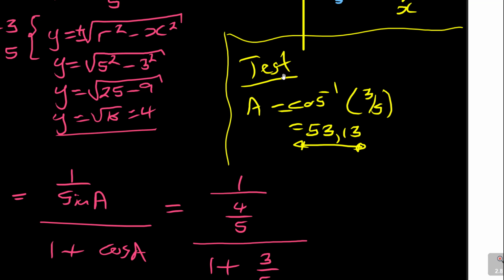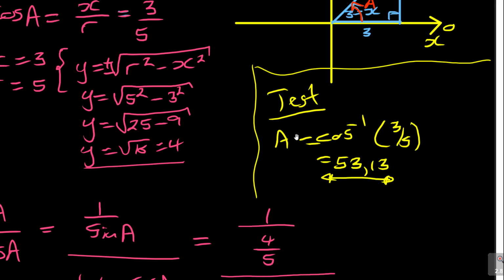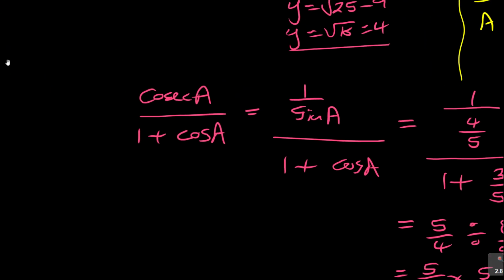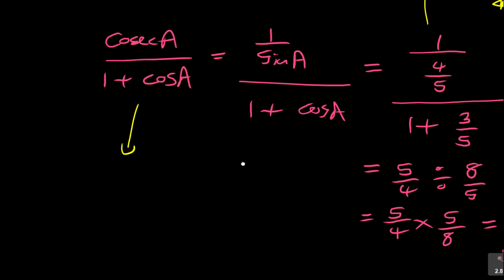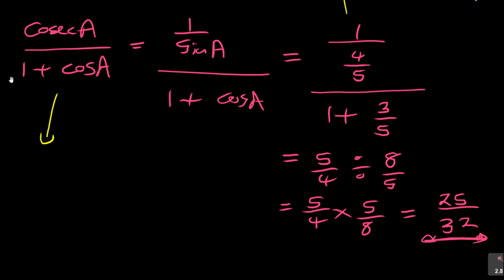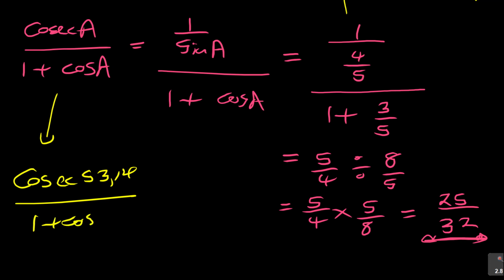I'm going to use the actual value though. Since I know my value for A, I'm going to use it here. Let me give it enough space for the final answer. I'm going to compare these two answers. We are saying cosec 53.14 over 1 plus cos 53.14.